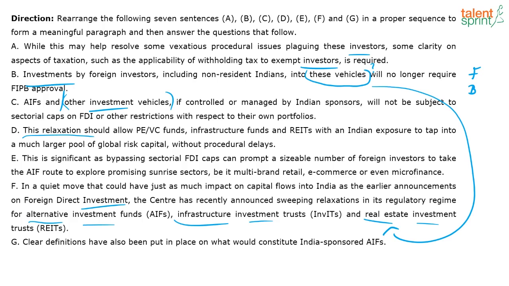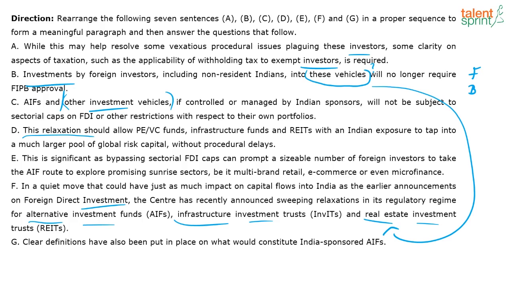Now FB. So we have our link. Now what can be the next obvious link? I want you to apply a little bit of logic here, right? Investments by foreign investors, including non-resident Indians, into these vehicles will no longer require FIPB approval. So that's something that does not require FIPB approval. What can it mean?